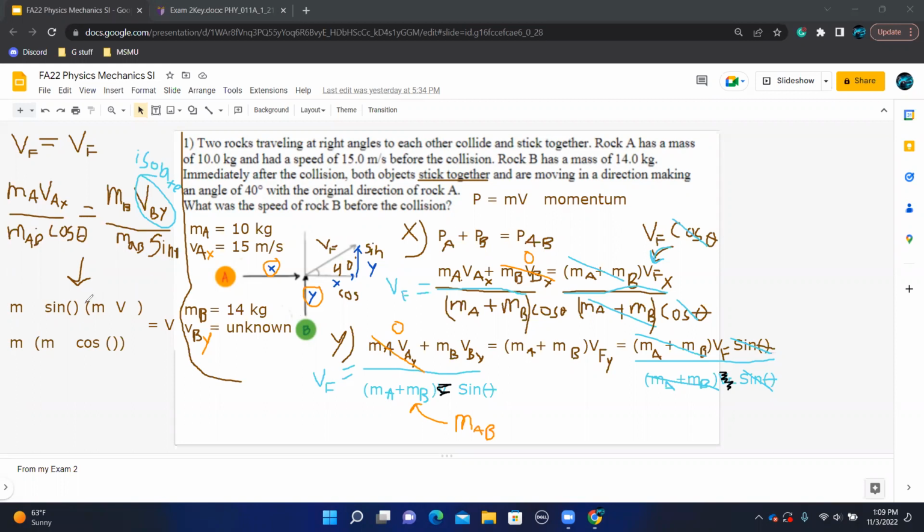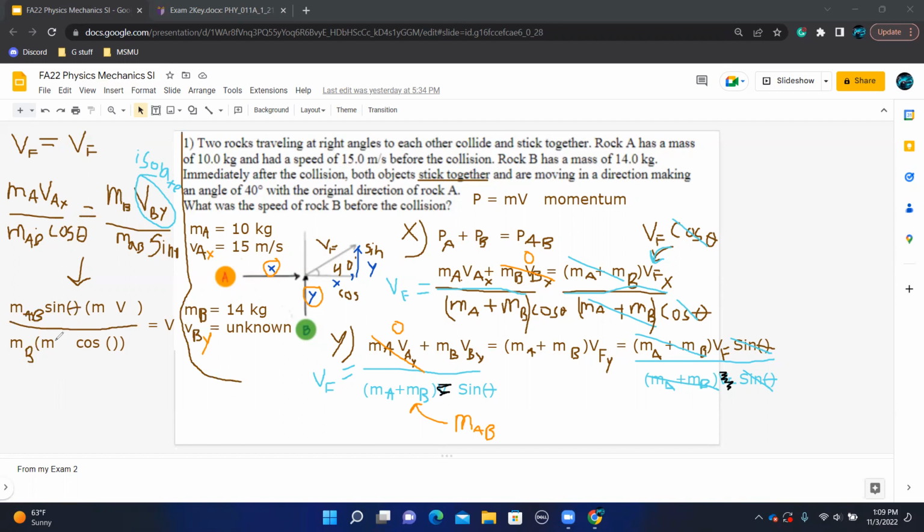Okay, so this sine here came over here, right? This AB came right here. Same thing with this MB came here. We're dividing these.